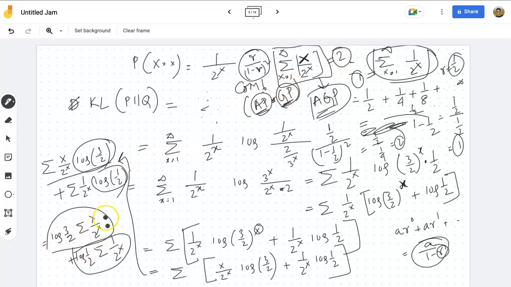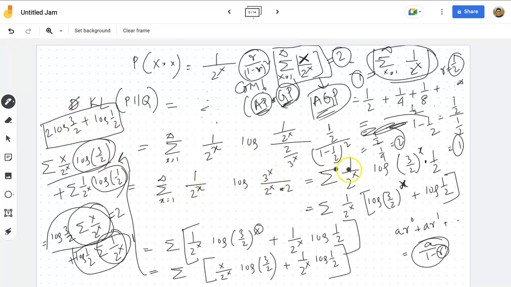Now we can just put the result here. So this is 2 and this is 1. As a whole, the sum will be 2 log 3 by 2 plus log 1 by 2. So the whole problem is kind of calculation.